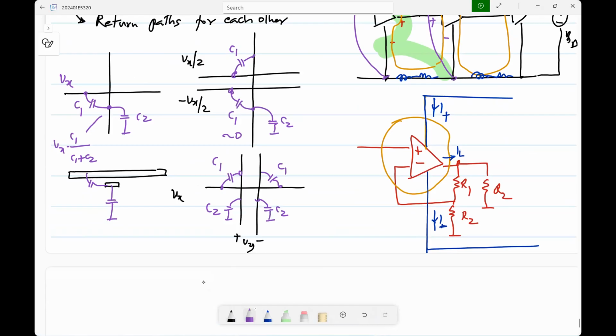So fully differential signaling puts out less garbage, and also takes in less garbage. It doesn't inject as much interference. It's also less prone to interference because any common interference will get cancelled out. So if you have fully differential signals everywhere, these are the advantages you have. And this applies to everything. I have shown just wires crossing each other, but you have all the signals on a common substrate.